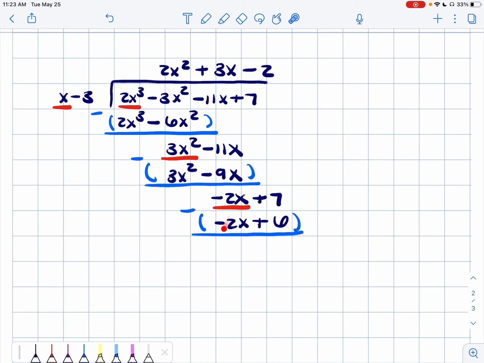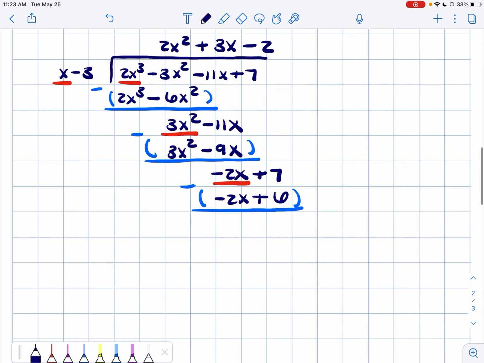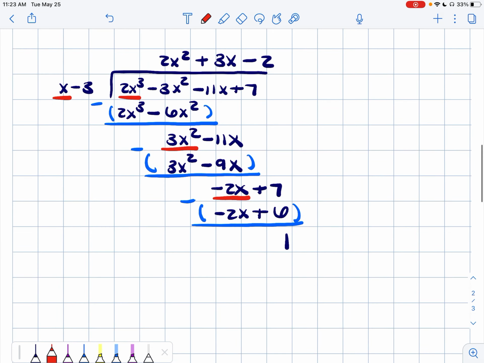So negative 2x minus negative 2x, those cancel out. 7 minus 6 gives us a positive 1. And that's as far as we can go because an x can't go into a 1. So the 1 is our remainder. And 2x squared plus 3x minus 2 is our quotient.